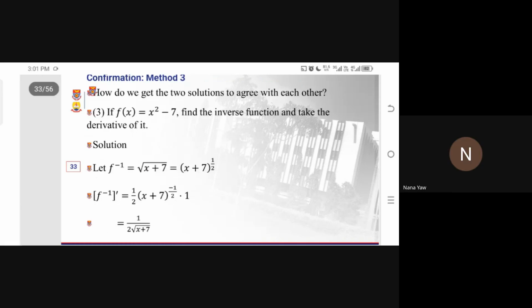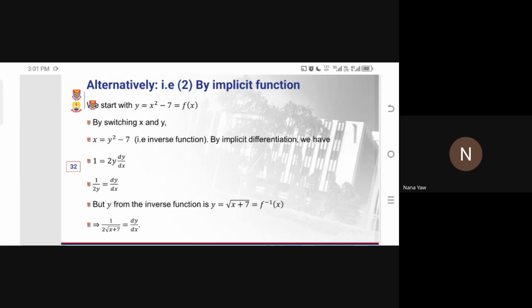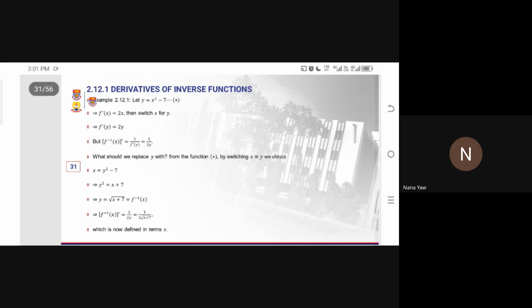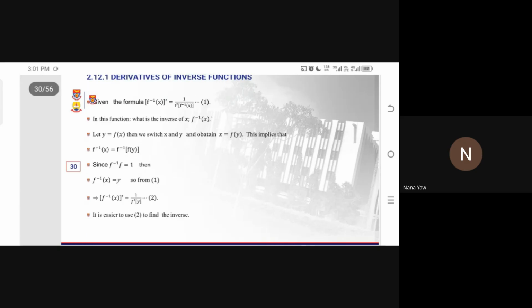Hello, madam. Please, can you go back a little? I'm confused about something. What are you confused about? The formulas you gave. This one, the first one and the last one. What's the difference? Look at it. The first one is still the same as the last one. What they did for the last one is they just did some simplification.